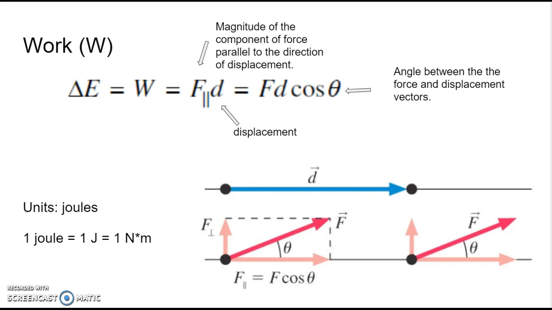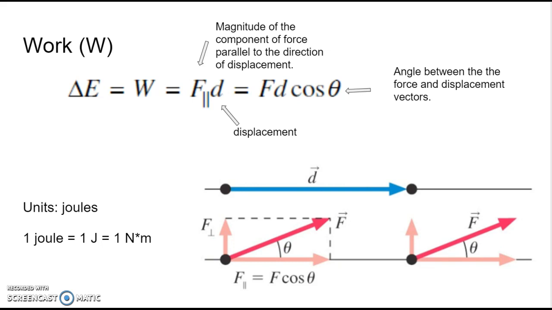We do have a new unit going on here. If we look at our units, we've got force, which is measured in newtons, multiplied by displacement, which is measured in meters, and multiplied by cosine theta, which does not have any units. So we've got newtons times meters. Since this quantity, energy, is used so frequently in physics, we develop a new unit for it, just because physicists are lazy.